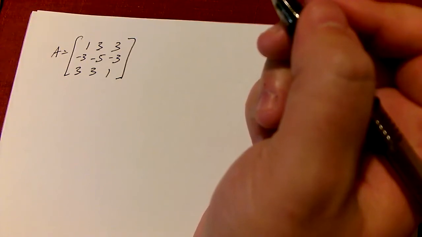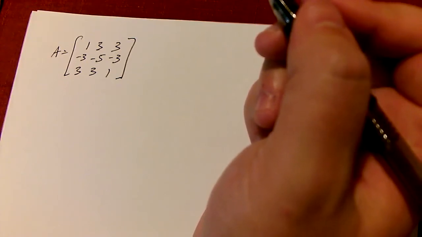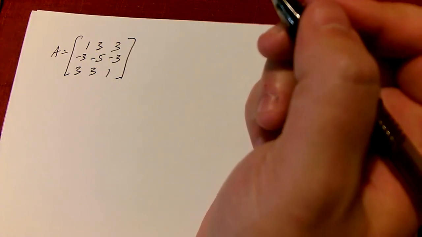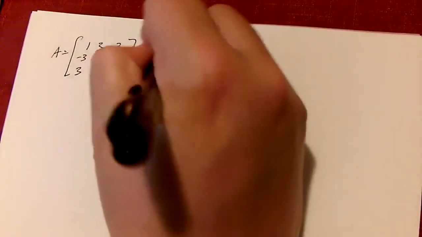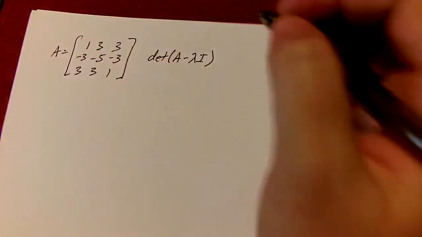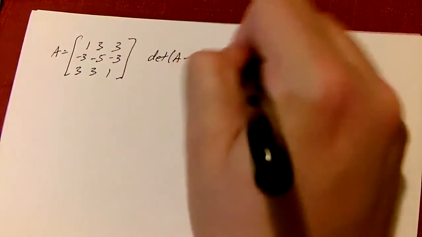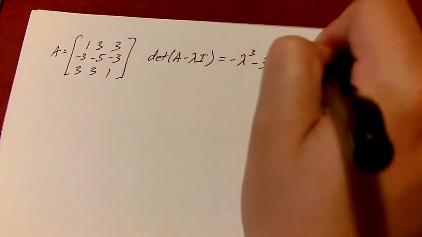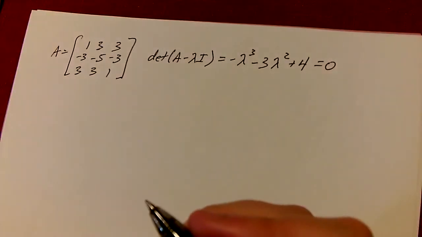So we're going to try to diagonalize this. We need to figure out the eigenvalues. For this one, I'm going to tell you the characteristic equation. The determinant of A minus lambda I is equal to negative lambda cubed minus 3 lambda squared plus 4. And I'm setting that equal to 0.